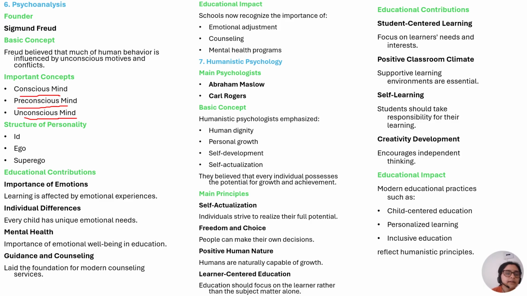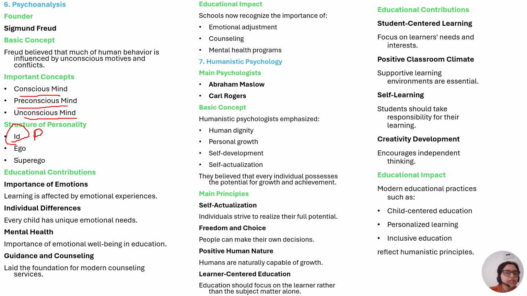Another three important aspects are the structure of personality: the id, the ego, and the superego. What is the id? The id is nothing but the pleasure principle, the immediate gratification, whatever we want immediately.